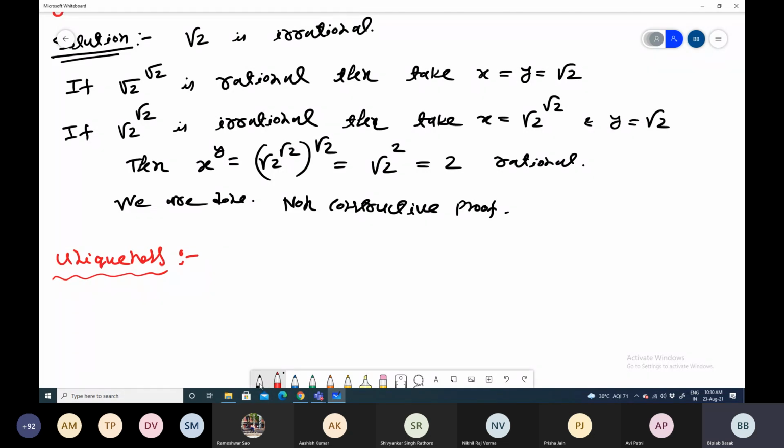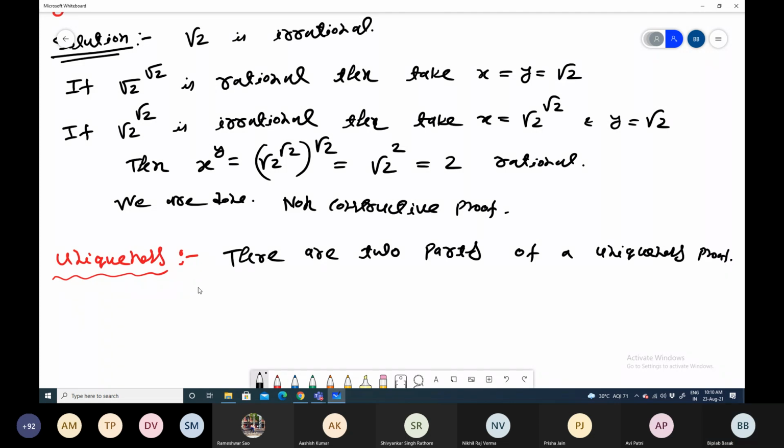There are two parts of a uniqueness proof. The first one is existence and the second one is uniqueness.